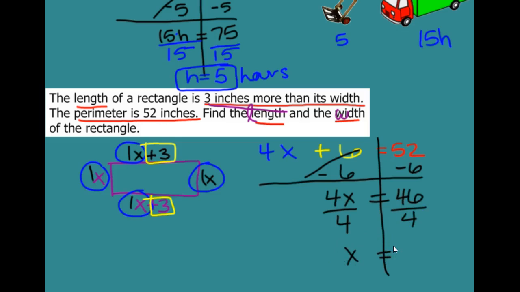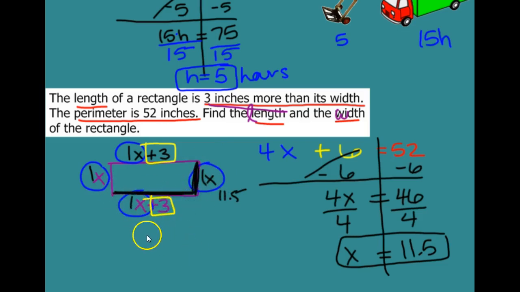If I plug this in my calculator, 46 divided by 4 will give me 11.5. So that's x. That's our width, 11.5 on this side. But this side of our rectangle, we have to add 3 to. So that would be 14.5 on this side.